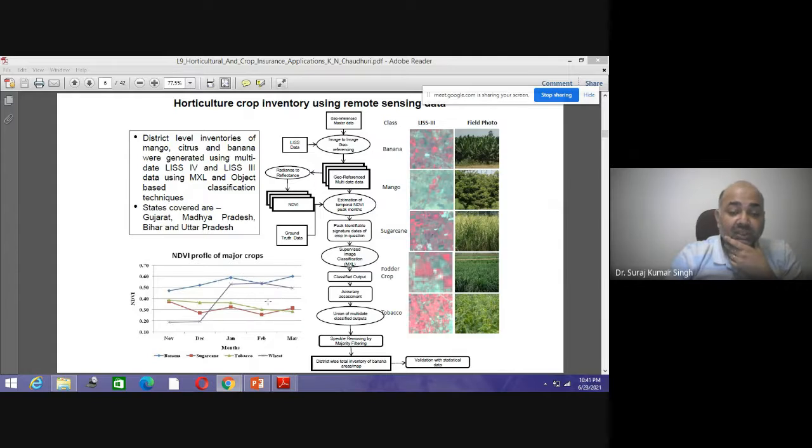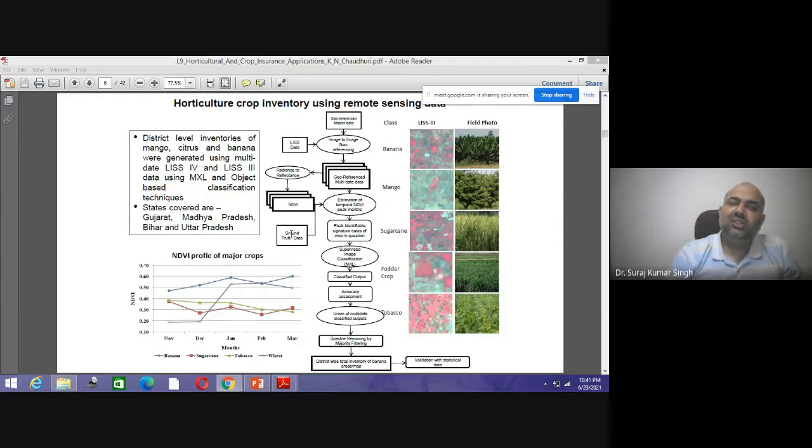So we'll be identifying those spectral response curves for the status of their health and the status of their growth, and finally we'll be classifying our satellite images using the supervised image classification technique. We have two methods, soft classification or hard classification, through which you can classify the satellite images.